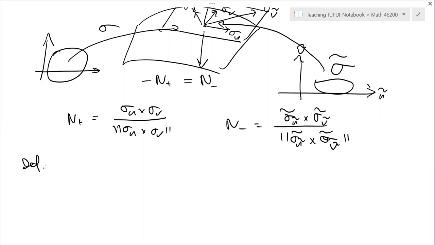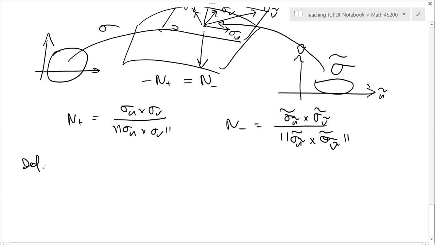By definition, you can find a set of regular patches that cover the whole surface, such that the Jacobian between them always has a positive determinant. Okay? So here's the definition.